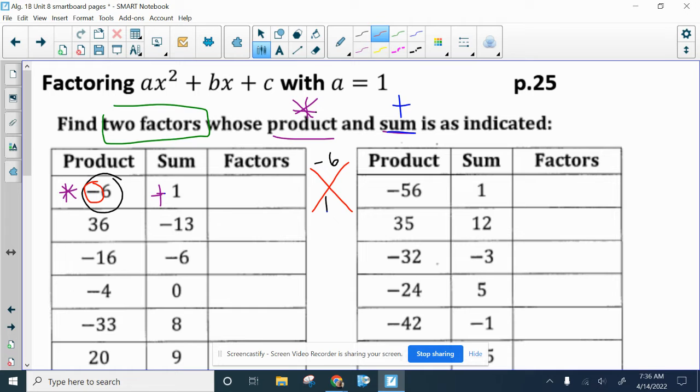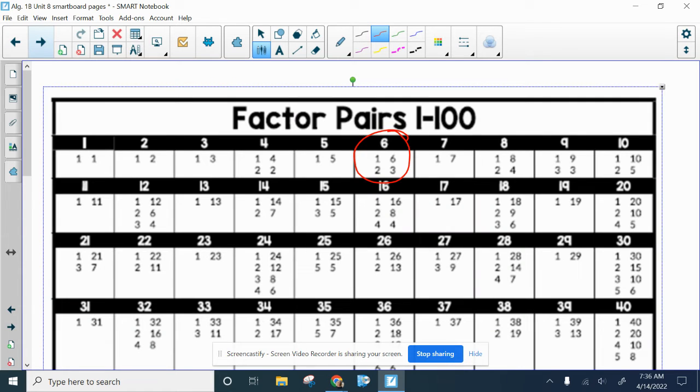If my product is negative, one of them needs to be positive and one needs to be negative. When I add them together, the sum is a positive number, so my bigger number would need to be positive.